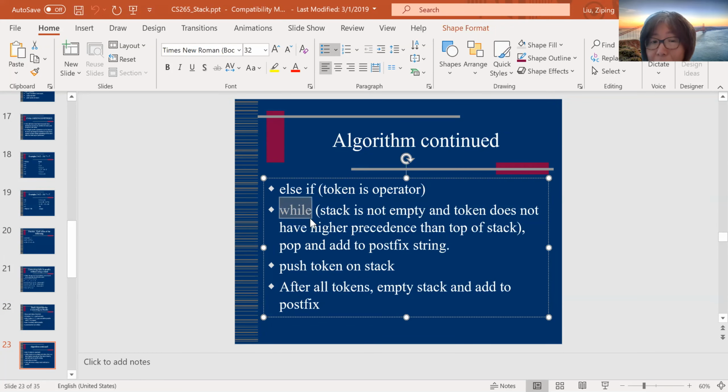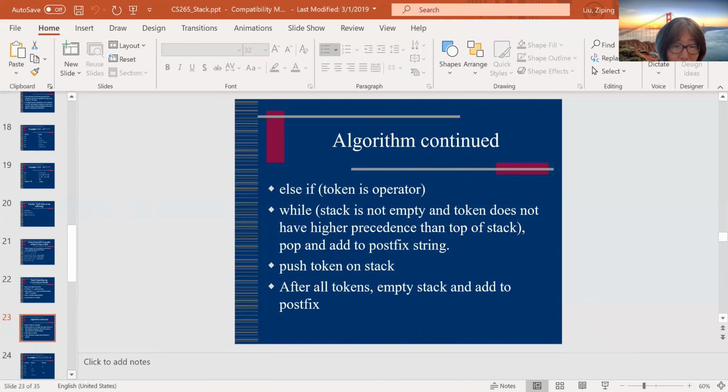If it meets this while condition, meaning not empty and not higher precedence, then you need to keep popping and add it to the postfix expression. After you finish the loop, you push your token onto the stack. And after everything, you need to empty the stack and add it to the postfix.